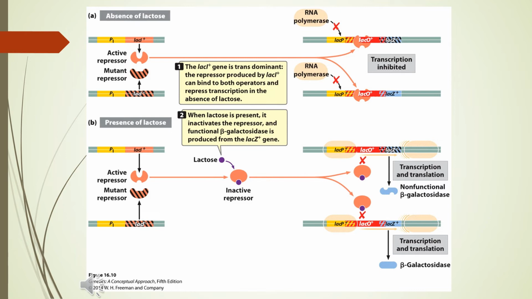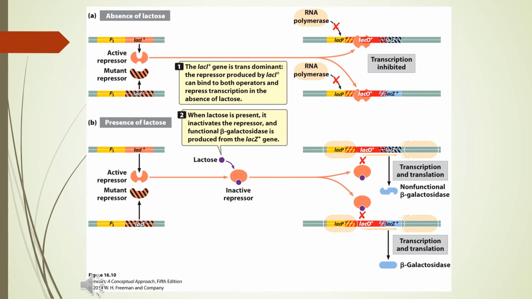Here you can expect an active repressor from lac I plus and a mutant repressor from lac I minus. As I told you earlier, lac I plus is trans-acting, so it can act on both parts of the partial diploid.